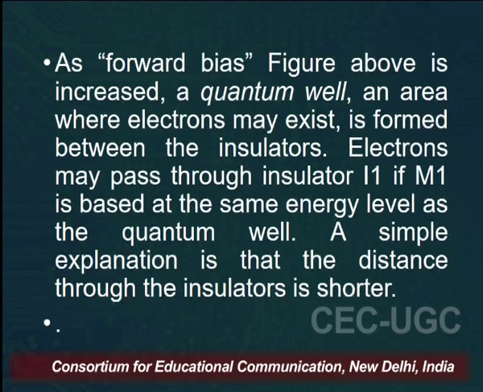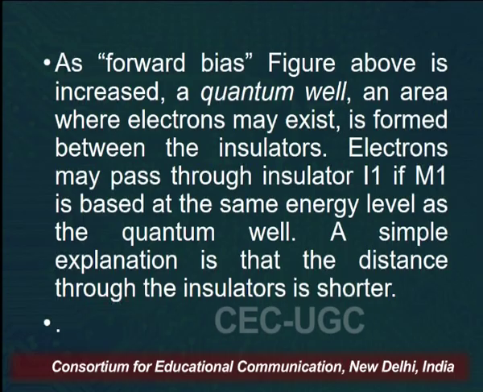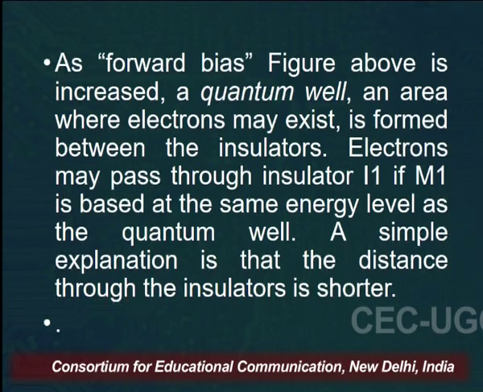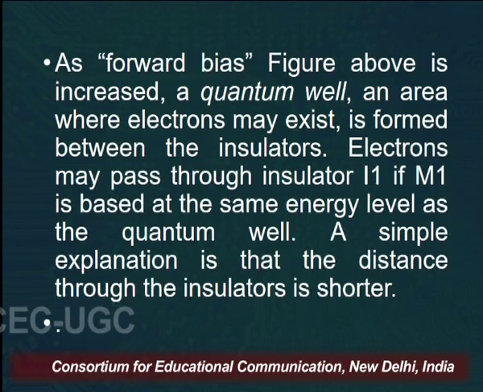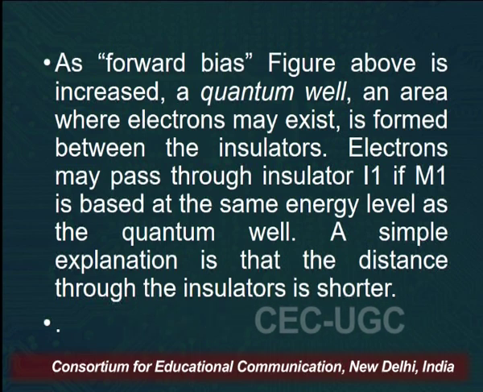A simple explanation is that the distance through the insulator is shorter. Electrons may pass through the insulator I1 if M1 is biased to the same energy level as the quantum well.